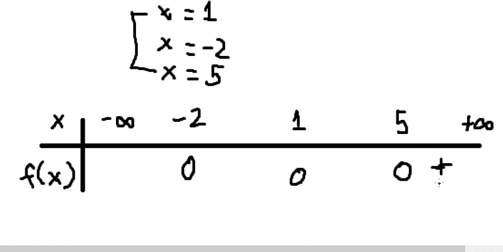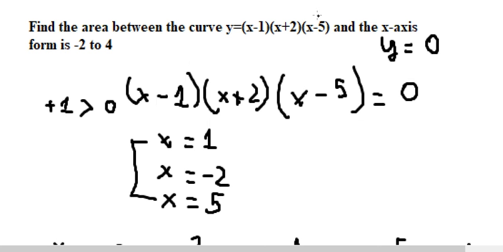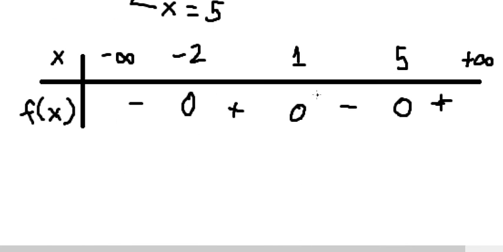Then when we go through 5, this one becomes negative, and we have positive and negative. But the question wants the area from negative 2 to 4. So negative 2 is here, 4 is here.